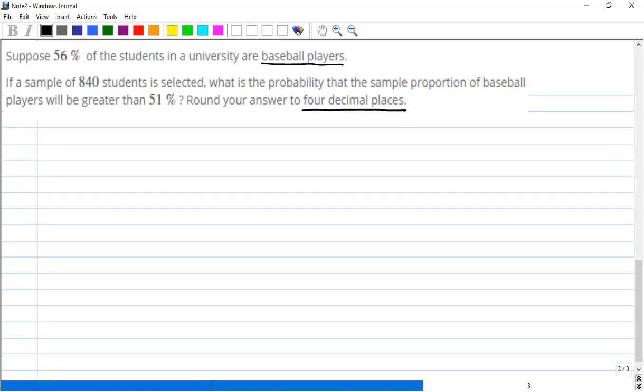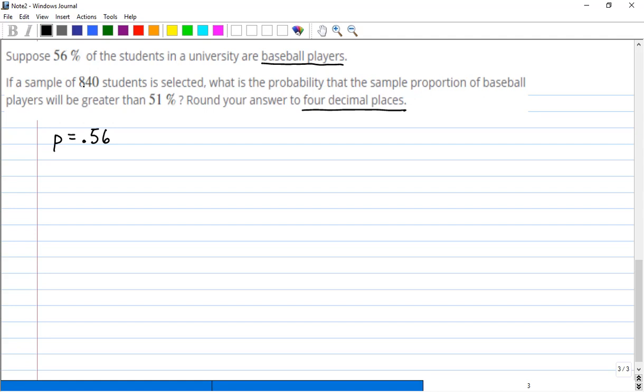And that's because when you look in the tables, they give you 4 decimal places. So it says, suppose 56% of the students are baseball players. So that's something that we're having to just take and say this is a true statement. That is our proportion P. So would I want to write 56%, or how would I want to write that? 0.56, right, as a decimal. It's easier to work with those decimals.